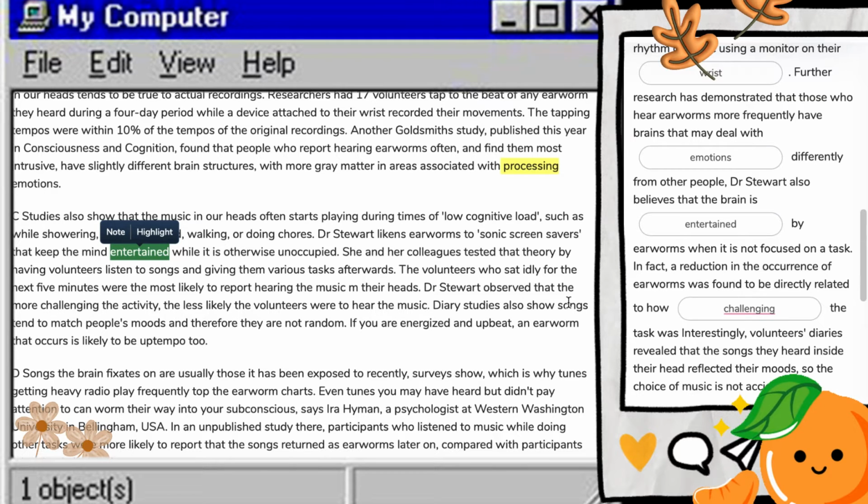The keyword to find the information is a reduction in the occurrence of earworms. If the occurrence of earworm is reduced, it is harder to find earworms when something happened. So we scan the passage to find the words that have the same meaning.